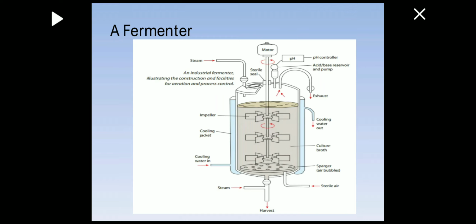And then on the left bottom side, you have steam. So steam is being introduced this way. Cooling water in on the left hand side is again for maintaining the temperature. The cooling jacket is the passage, the area where the water is traveling. Then you have the impeller. These are types of stirrers which are mixing the culture broth and causing the aeration, as well as maintaining the slow and steady regulation of the culture broth.